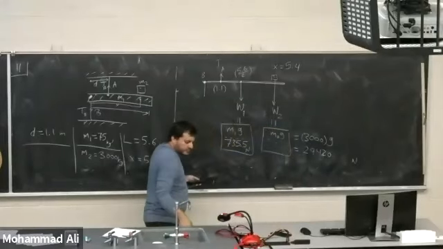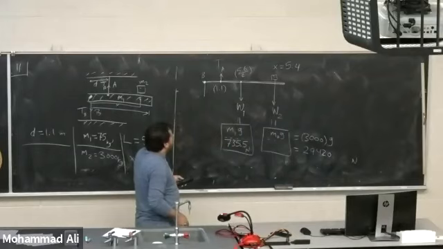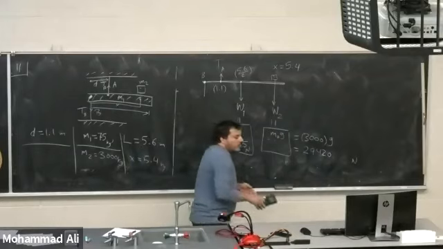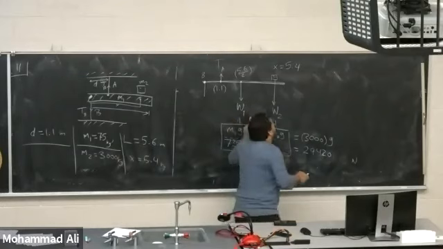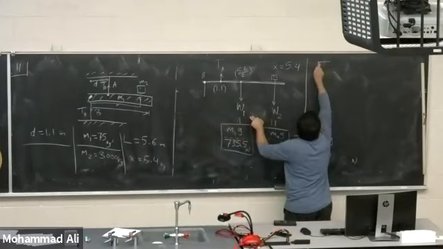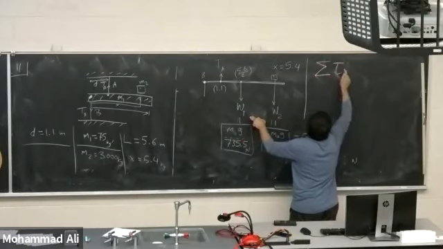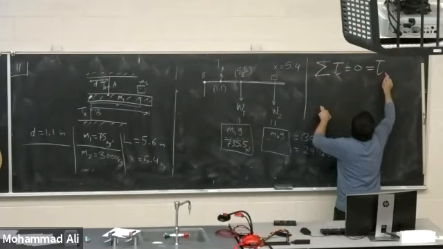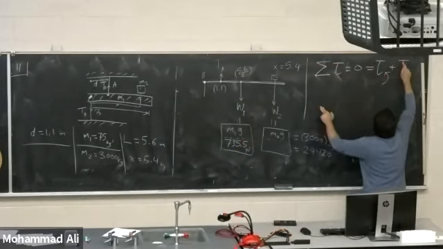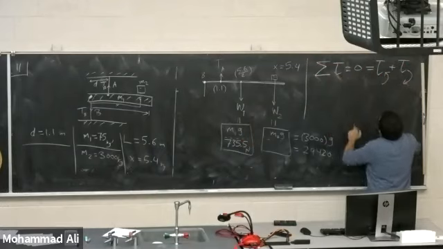Okay. Now we have rotational equilibrium, means the total torque is equal to 0, which is equal to the torques counterclockwise plus the torque clockwise.